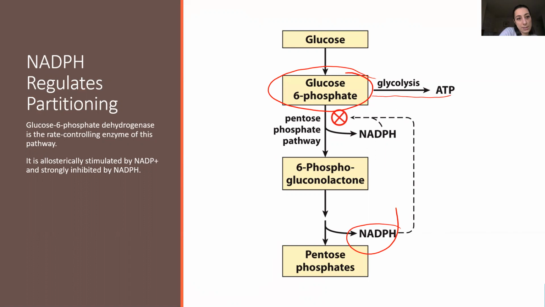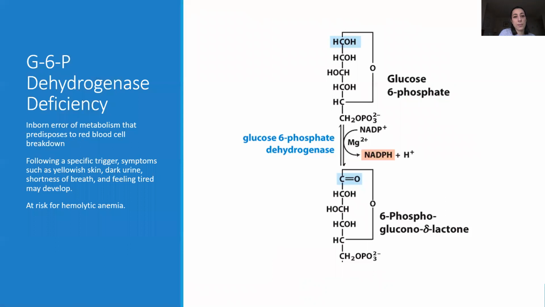So this enzyme, glucose 6-phosphate dehydrogenase, the first step of the pentose phosphate pathway, is an important enzyme in controlling the whole process of pentose phosphate. What if you have a deficiency in that enzyme?